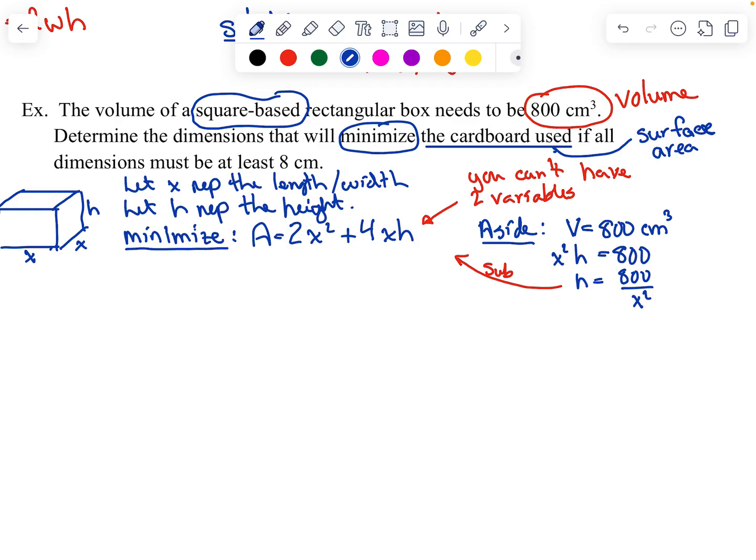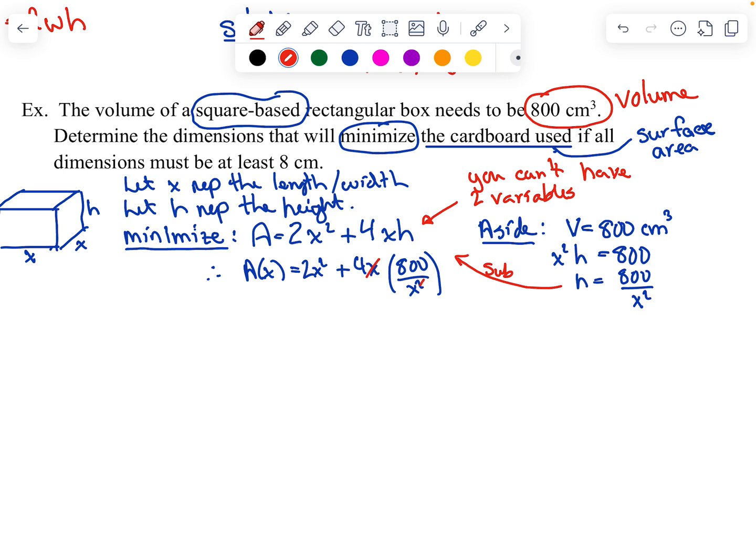So the area, using function notation, the area in terms of x, is equal to 2x squared plus 4x, and in place of the h, I'm going to put 800 over x squared. I can simplify a little here. I can get rid of one of the x's.